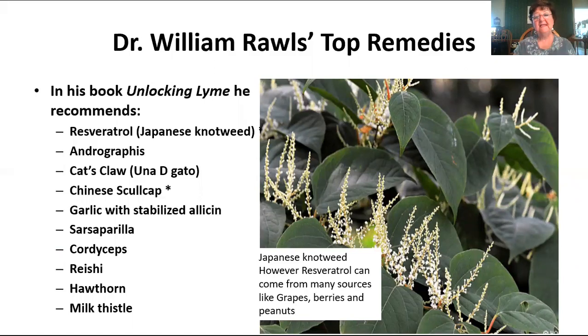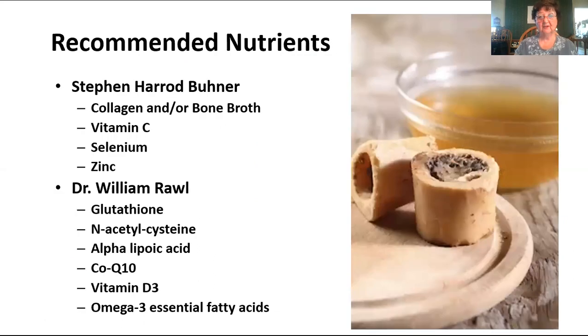So it goes into the small intestine and then begins to work, and it lessens the degree of odor that is exuded, and yet keeps that allicin stable enough to be used properly. Sarsaparilla, cordyceps, which is a really interesting mushroom, along with reishi, hawthorn, which helps the heart, and milk thistle, which of course helps to detoxify the liver.